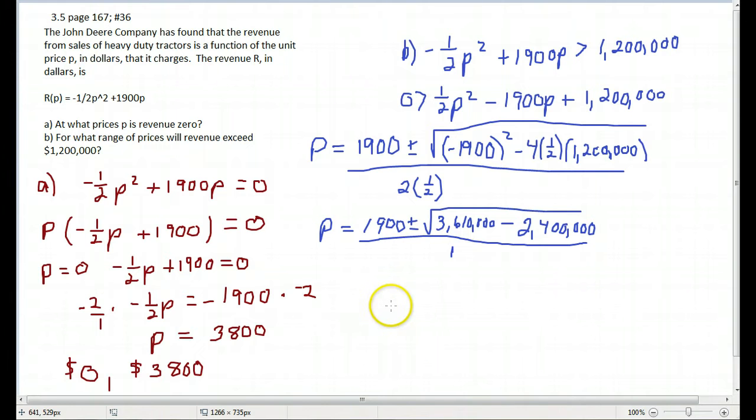Okay, so now we won't need the denominator from now on. So P equals 1900 plus or minus the square root. If I do my subtracting, 3,610,000 minus 2,400,000 leaves me with 1,210,000.